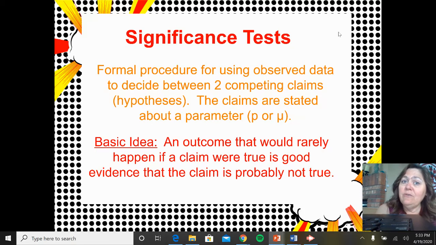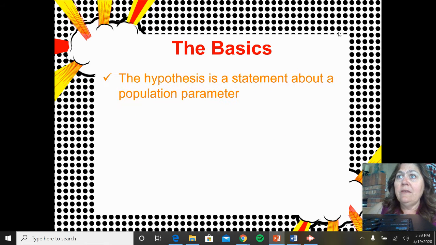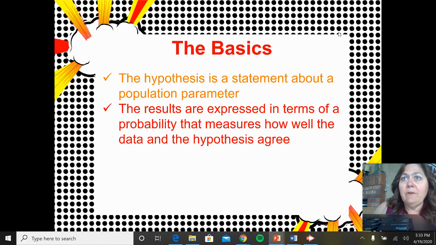Now, is it still true? Yes, there's that 1% chance that ours could be way out there and that it could happen, but that's not very likely. Okay, we'll talk more about that, but that's the basic idea behind today. Okay, so your hypothesis must be a statement about the population's parameter. Okay, and then the results we get are expressed in this probability that says how well our data agrees with the hypothesis.